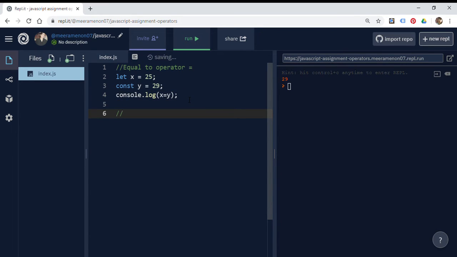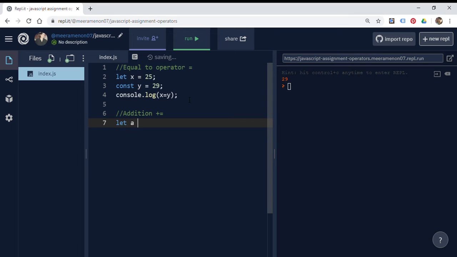Next. Addition assignment operator. Let's see how it happens.